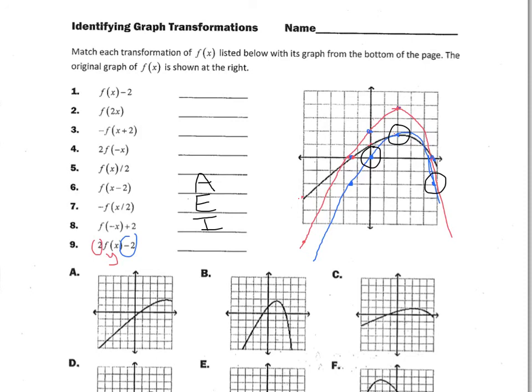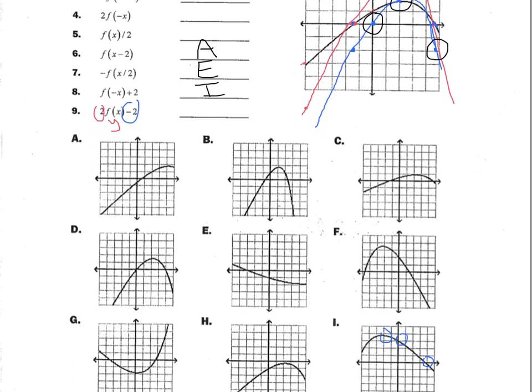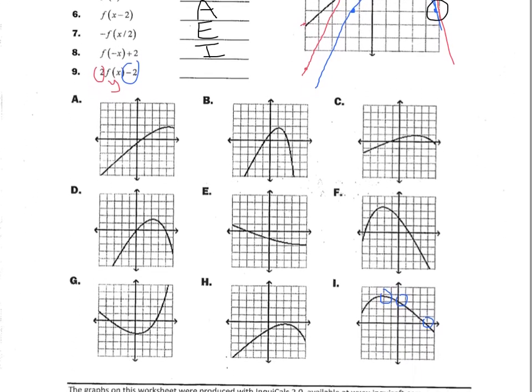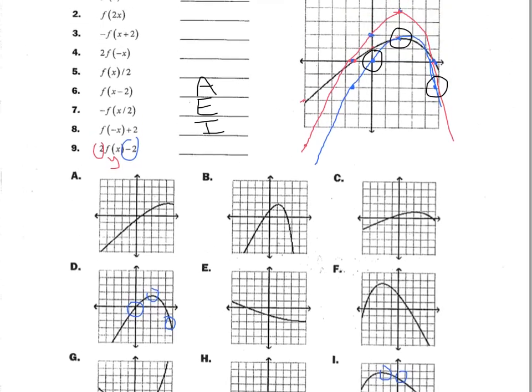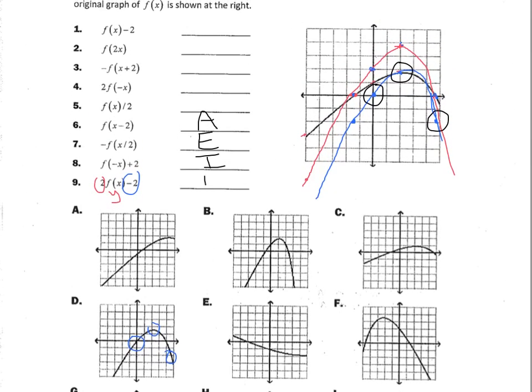So I'm going to look for those points down at the bottom, which means I'll look over here at D, and I have 0, 0. I have 2, I'm close to 2, and then over on this side, my x-intercept moved down to negative 2. So I'm going to say that this last one is letter D.